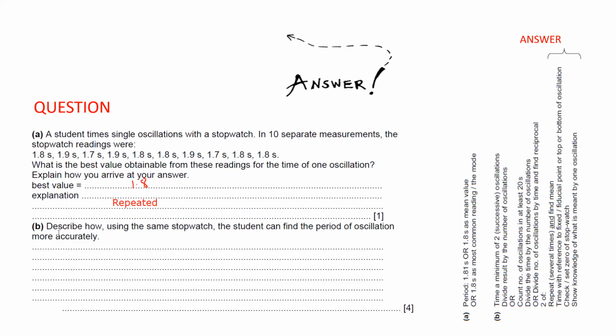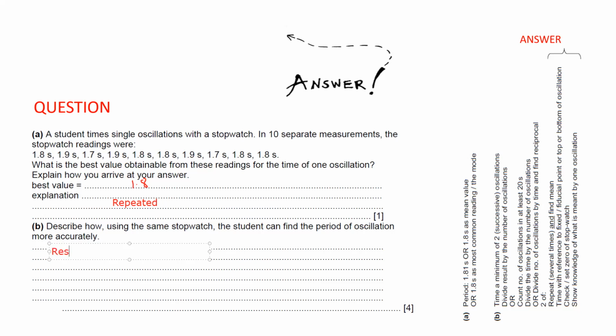The second part: describe how the student, using the same stopwatch, can find the period of oscillation more accurately. So basically how he can find the time period. The same steps are there.